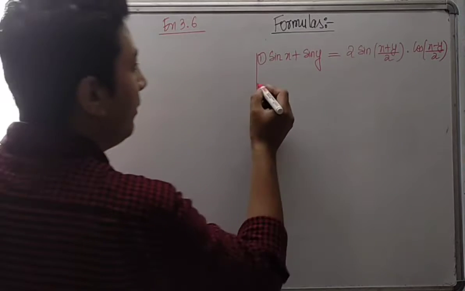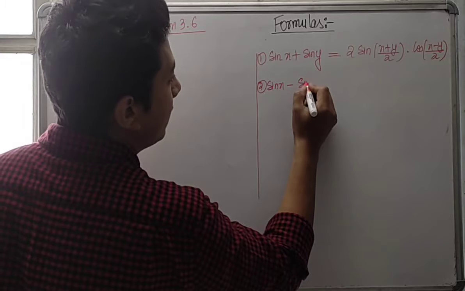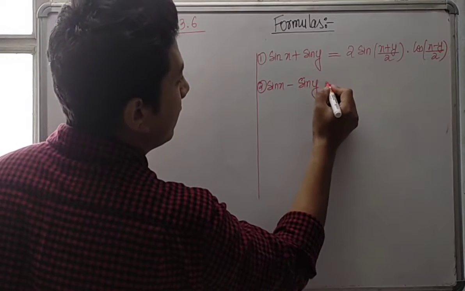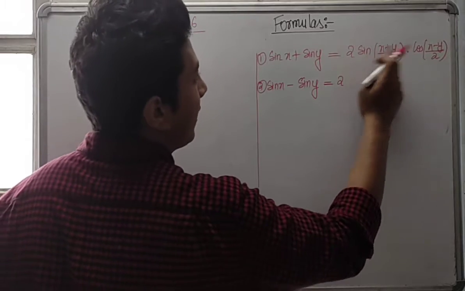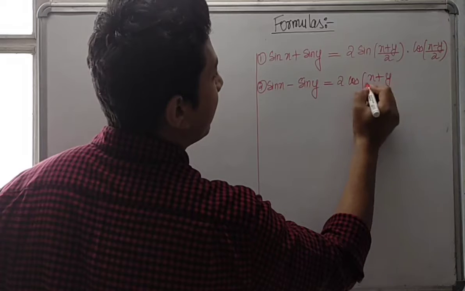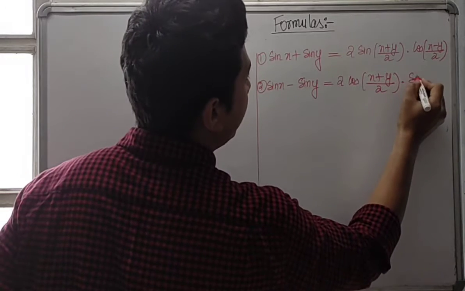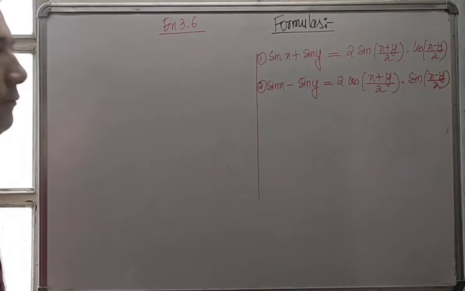The next formula will be sine x minus sine y. The formula is 2, and this time just interchange sine and cos. This will be cos (x plus y) divided by 2 into sine (x minus y) divided by 2. So that is the formula for sine x plus sine y and the formula of sine x minus sine y.